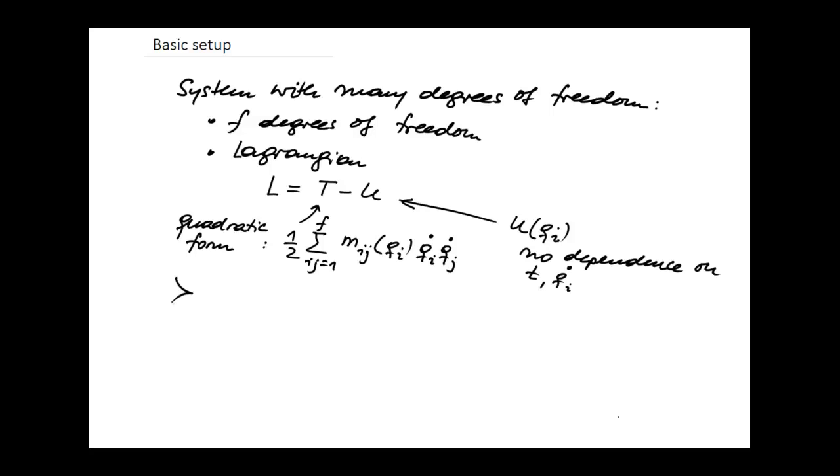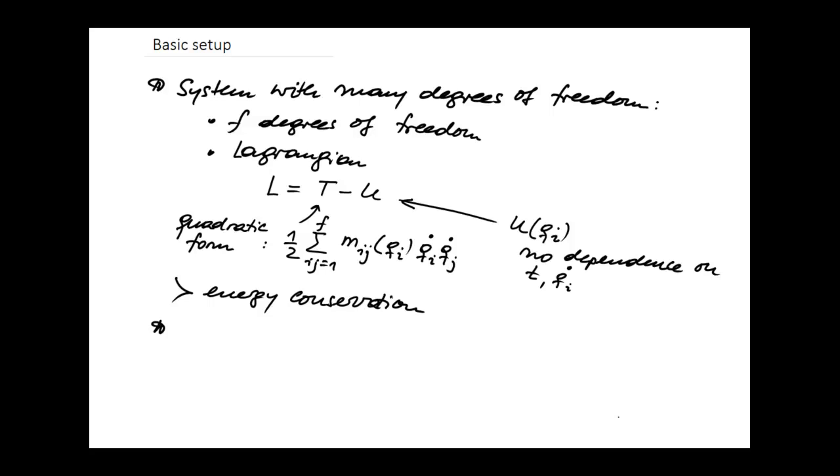We had discussed earlier in the general part of this lecture that in this case, when the kinetic energy has this quadratic form, and when the potential is independent of time and velocities, then first of all the Hamilton function equals the physical energy, and this physical energy is conserved. So under these conditions, we have energy conservation.